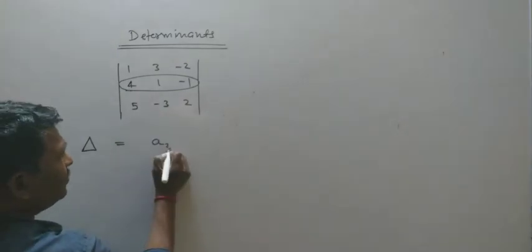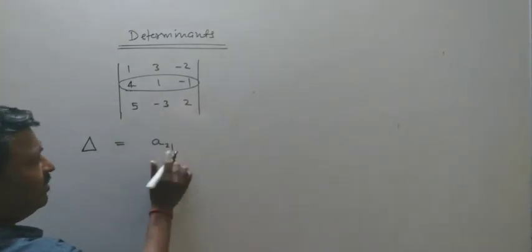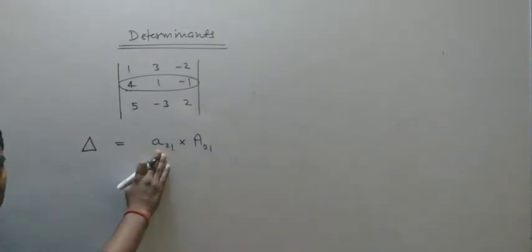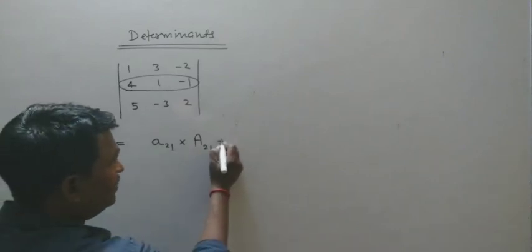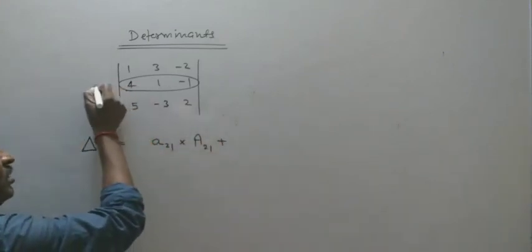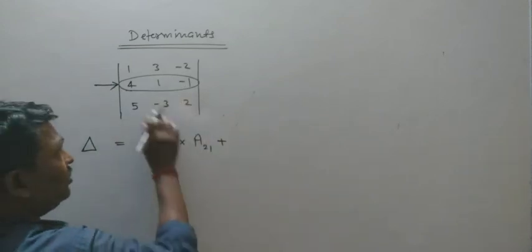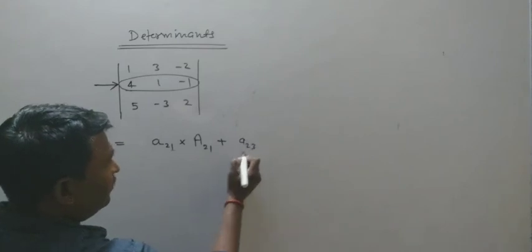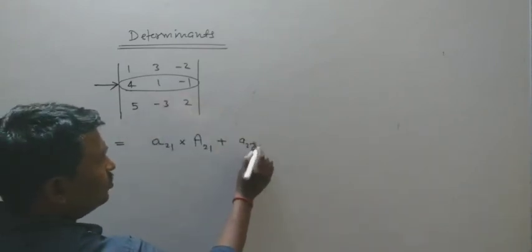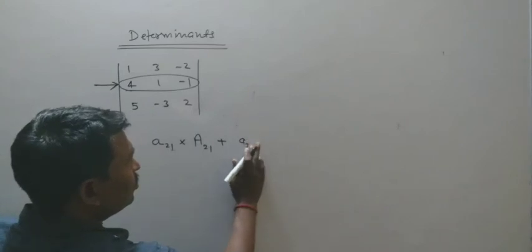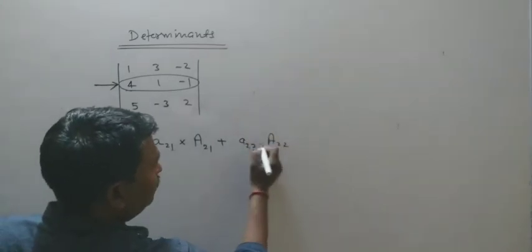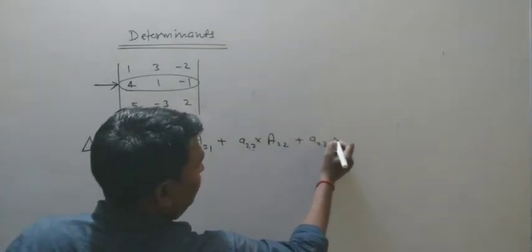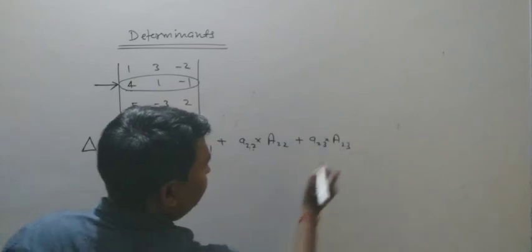So a21, second row first column element, into its cofactor capital A21, any element into its cofactor, plus, if you are solving by taking this row, then you have to take all elements of this row, means now a22 into capital A22, and thereafter plus a23 into capital A23.